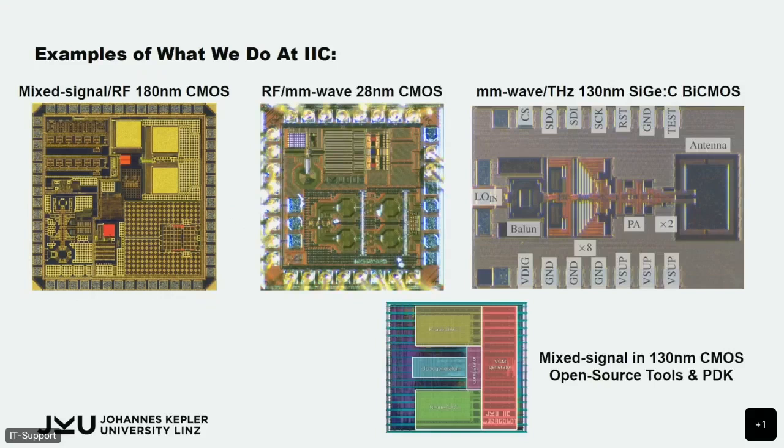Mixed signal designs in 130 nanometer CMOS, that is Skywater, obviously, but we will change all these activities to the IHB G2 once it's ready: completely open source tools, open source PDK, and the design itself is fully open on GitHub. I will detail this design in my presentation, what we did there exactly.